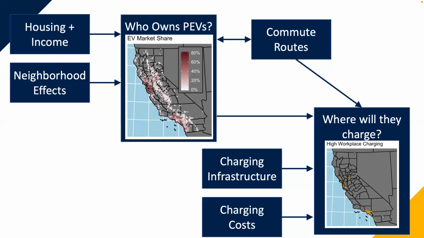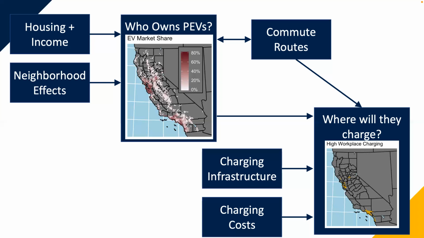Okay, and then to understand where they charge, you have to know, just because a person has an EV and they live in this area doesn't mean that that's necessarily where they're going to be charging, right? So you might expect that they might drive somewhere else to go to work, they might drive somewhere else to go grocery shopping, and so on and so forth. So having an idea of the commute routes, that's kind of an input to ultimately get at what you need here.